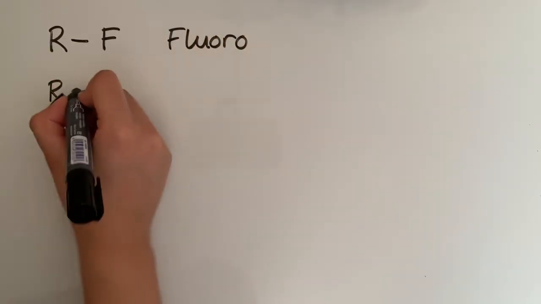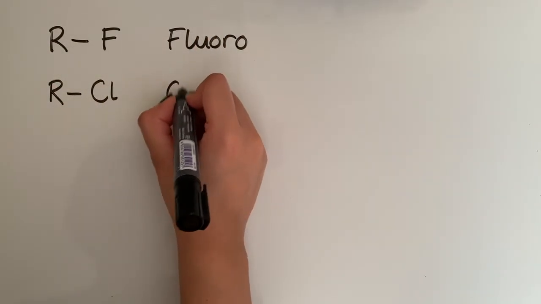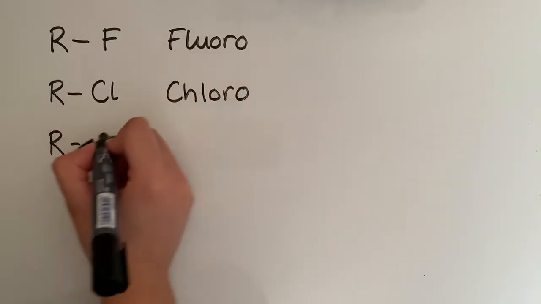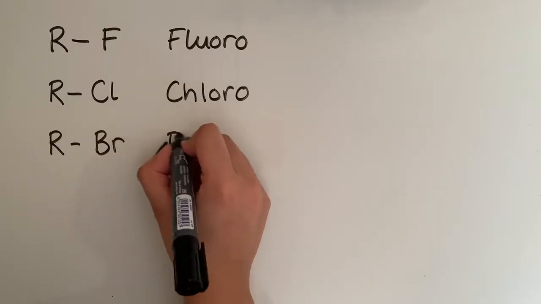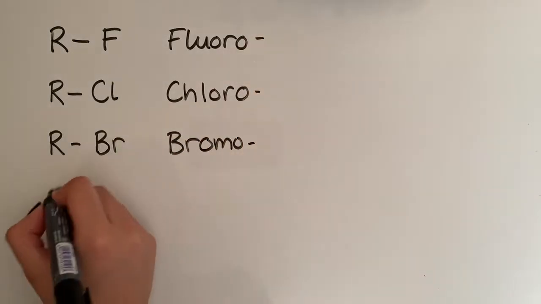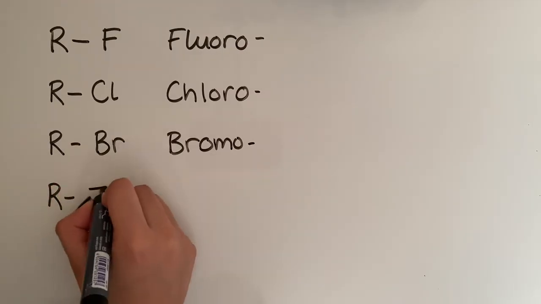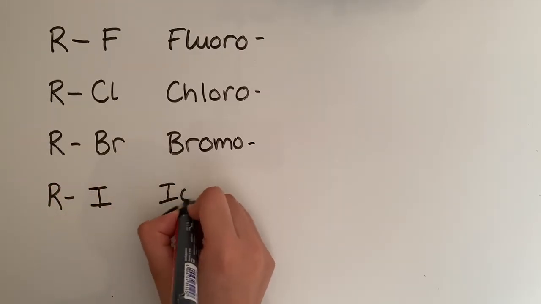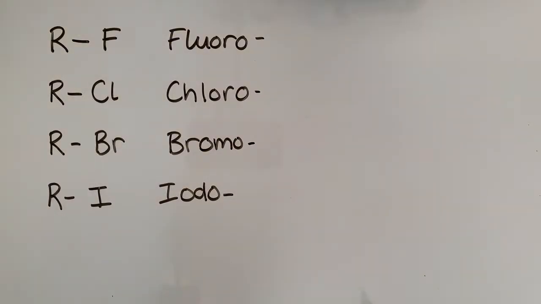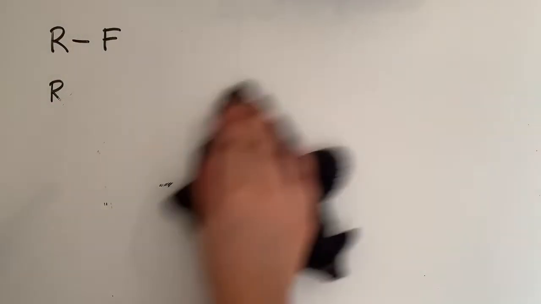If we have chlorine in the chain, that becomes chloro. If we have bromine, that becomes bromo. And if we have iodine, that becomes iodo. Okay, so we need to know these prefixes if we have a halogen anywhere in the chain. So let's have a look at some examples and how we can name these haloalkanes.